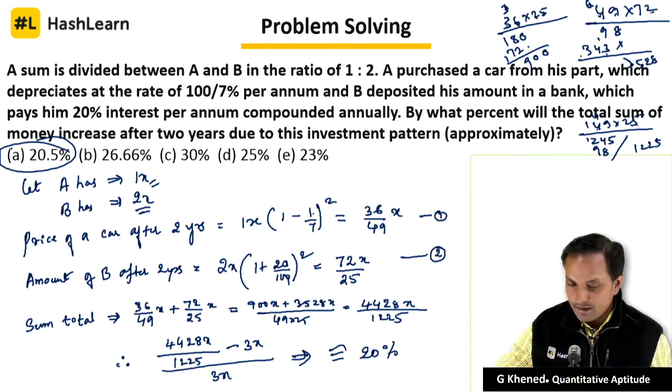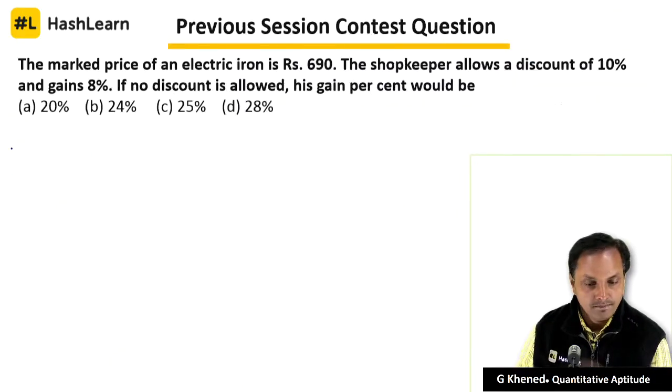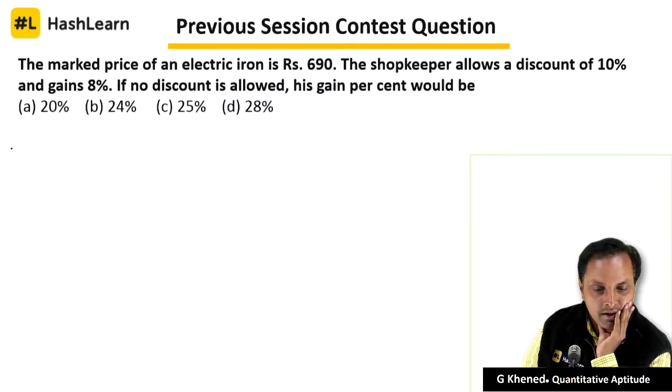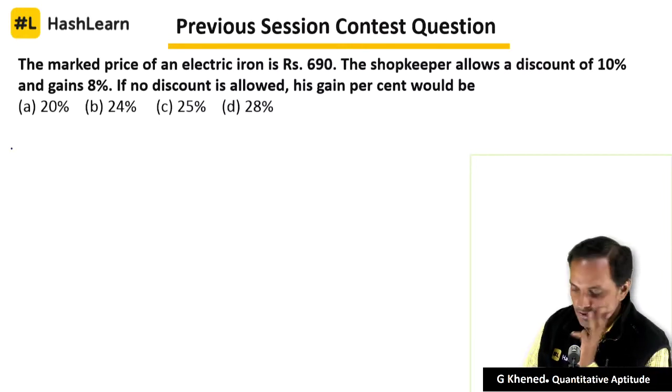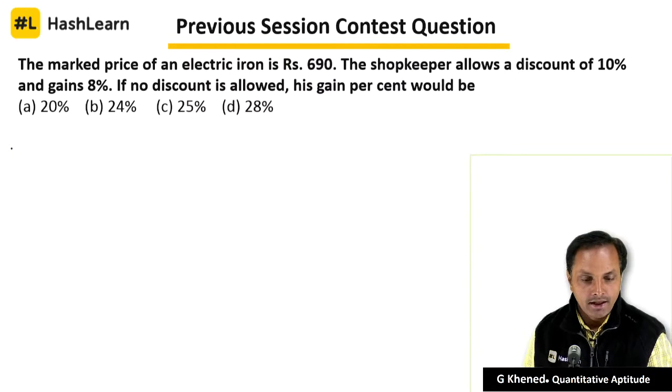Fine. Let us take the problem from the quantest question which you have taken in the previous session. The marked price of an electric iron is 690 rupees.